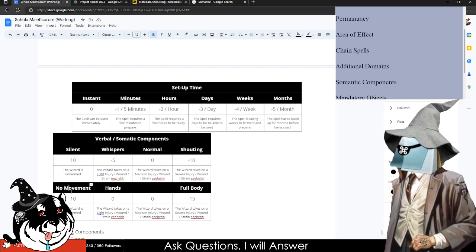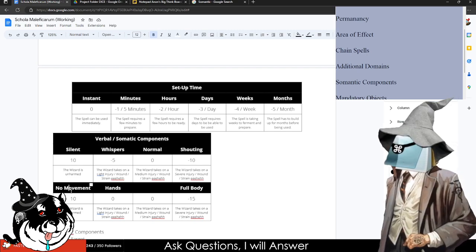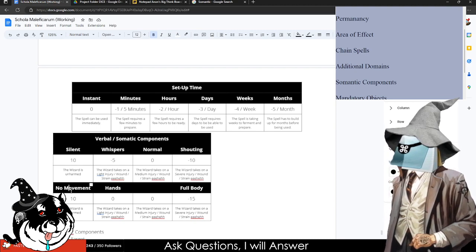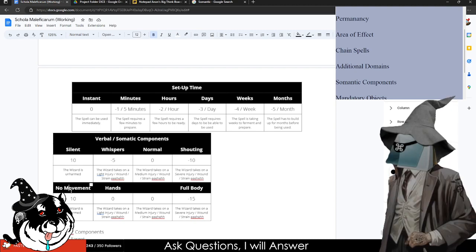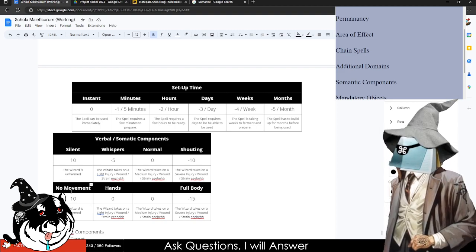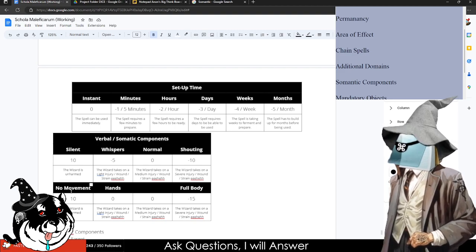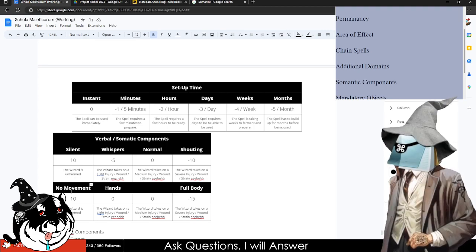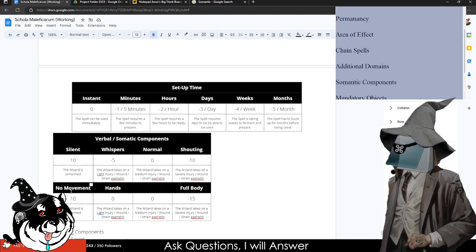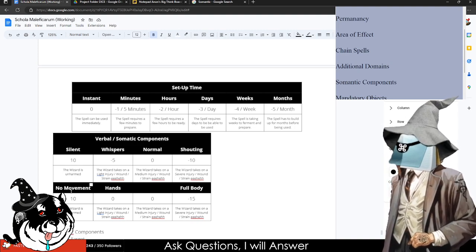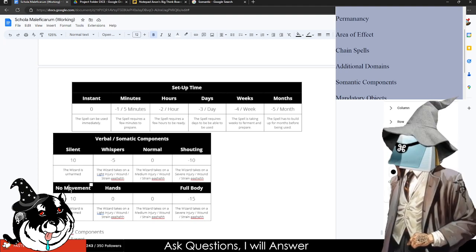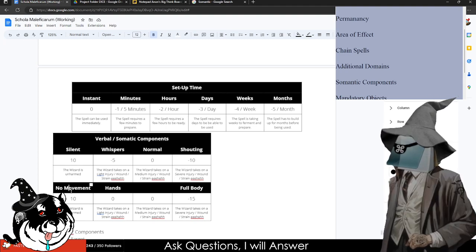How would you describe something requiring your full torso, where you're doing clear movements, while full body is very huge. It's taking you a lot of time. It's very difficult for you to actually do this, and you are not being subtle at all. This is the subtlety department.